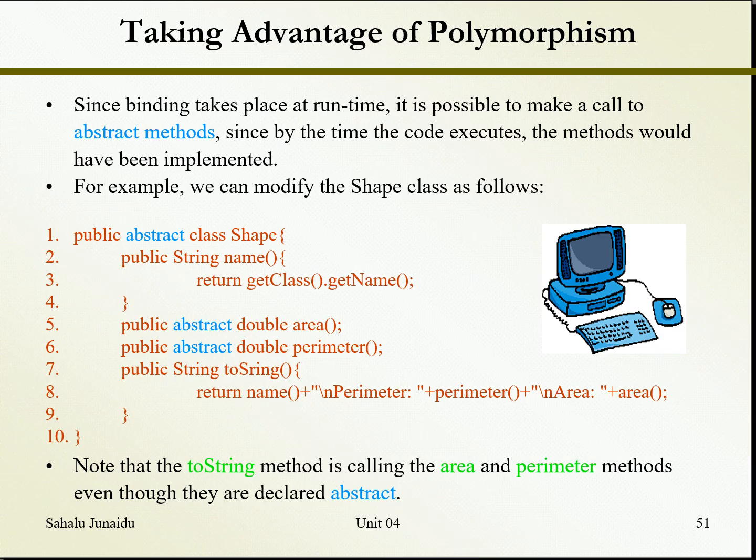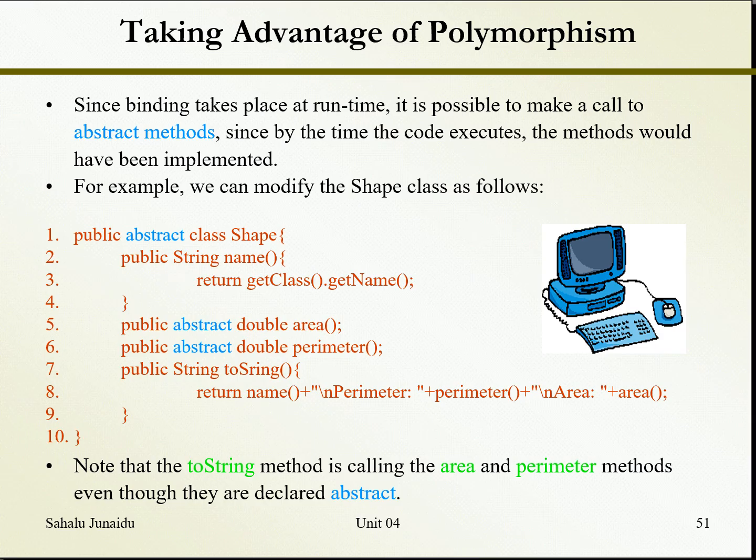Similarly, in the shape example, which is exactly what I did last time, I have the area and perimeter in the shape class, and they are all abstract. And we have a toString method, which returns the perimeter and the area. The perimeter and area of the shape we don't know until we get to that specific shape, being a circle or rectangle or square or whatever, then we can know the area and perimeter.